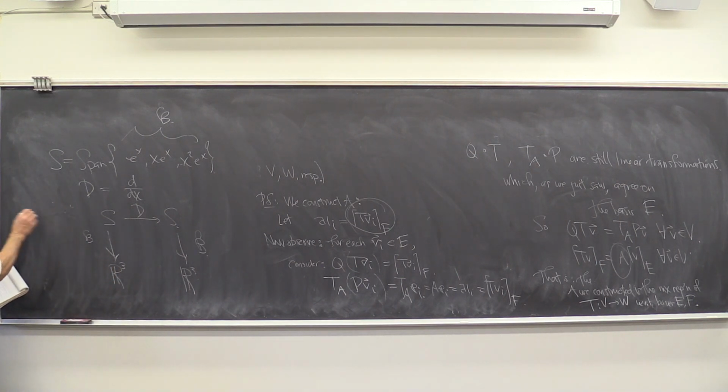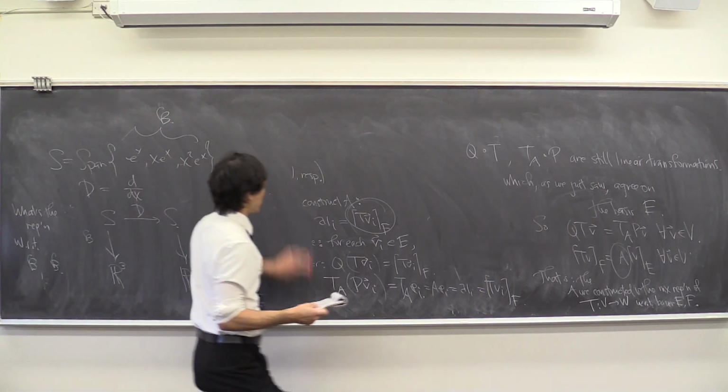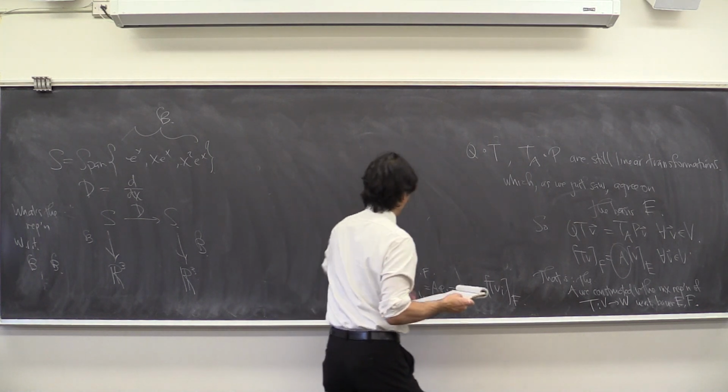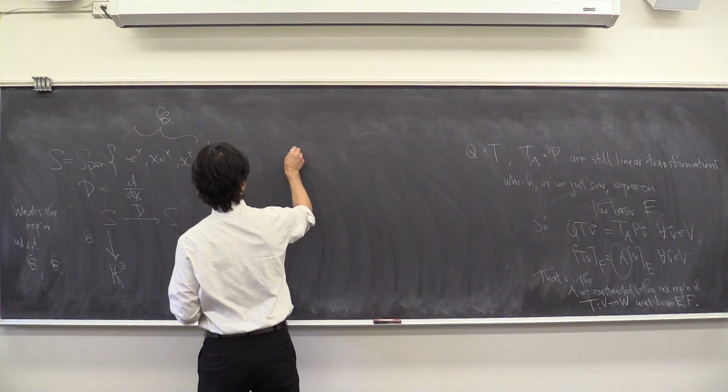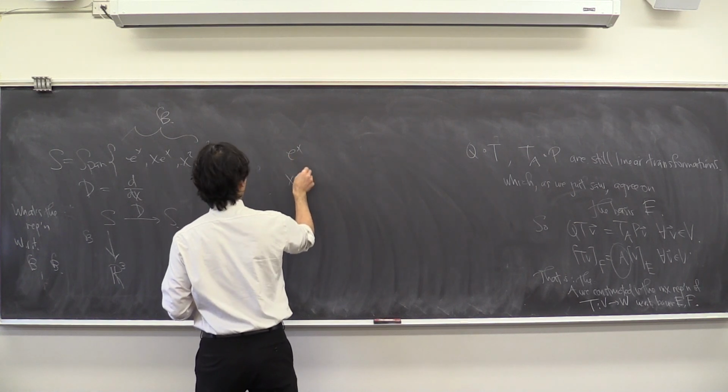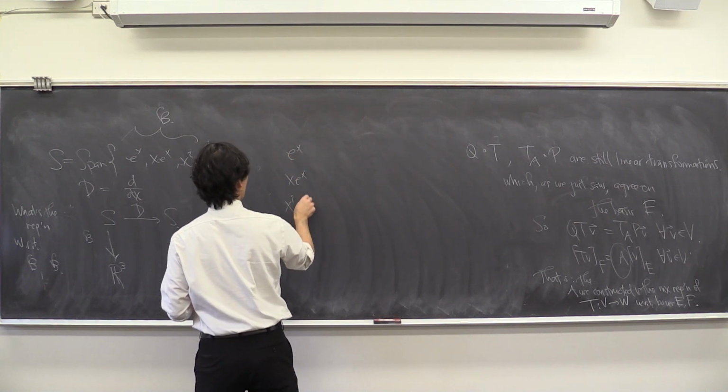So what's the representation with respect to B and B, so using B on both sides? You would just follow the procedure that we just outlined. You'd say, okay, well, look, here are our basis vectors.